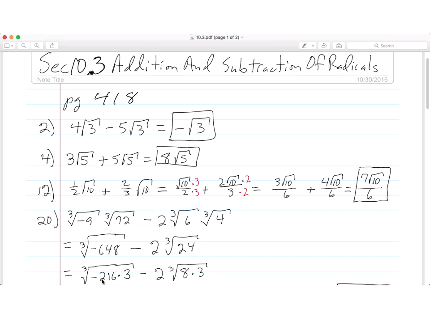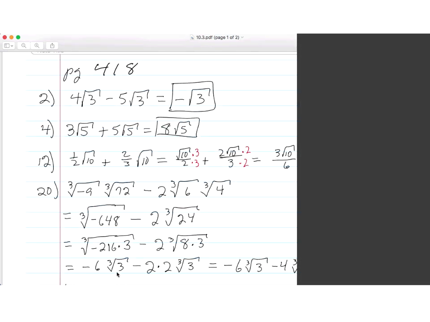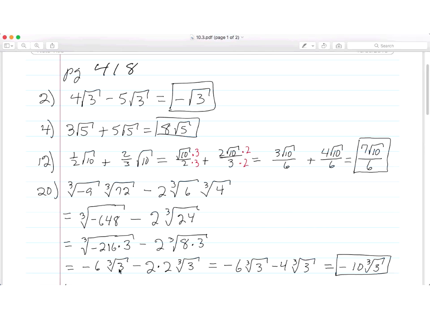The cube root of negative 216 is negative 6 times rad 3 minus 2 times, well, the cube root of 8 is 2, rad 3. 2 times 2 is 4, so I have negative 6 rad 3 minus 4 rad 3 is a negative 10 rad 3.